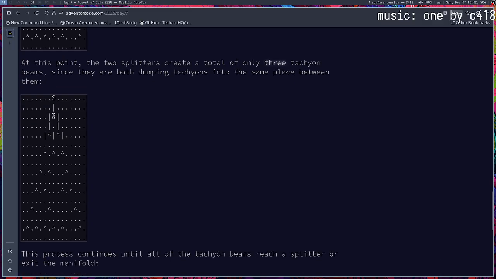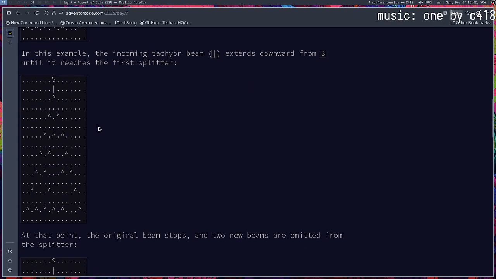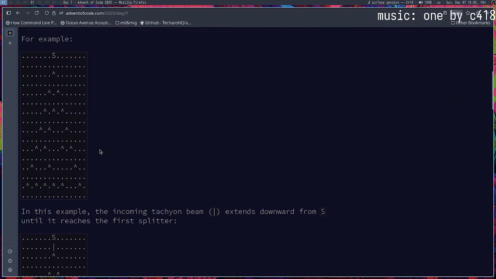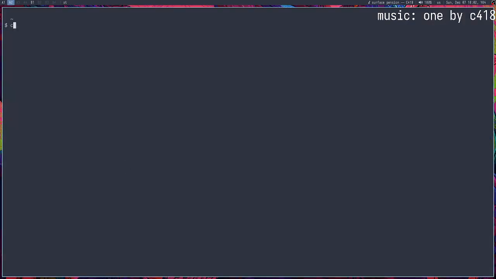So basically, how many times there's a beam above a splitter. Alright.